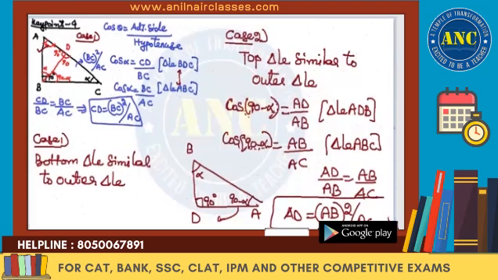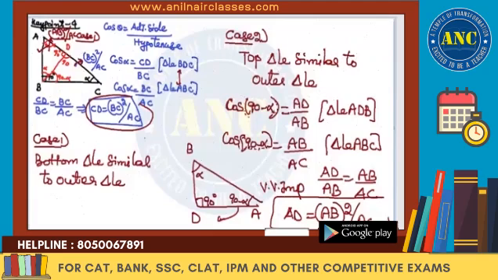These two, please write down. I will make it a little shorter. This value is nothing but BC square by AC, and this value is nothing but AB square by AC. If you know this conclusion, you will get it directly. Please write down these two important points.